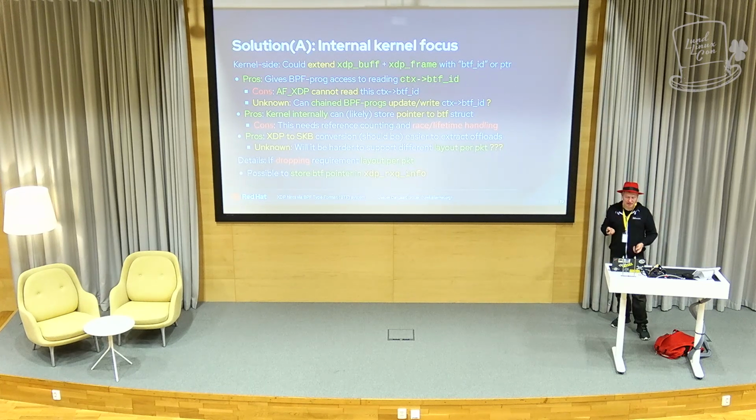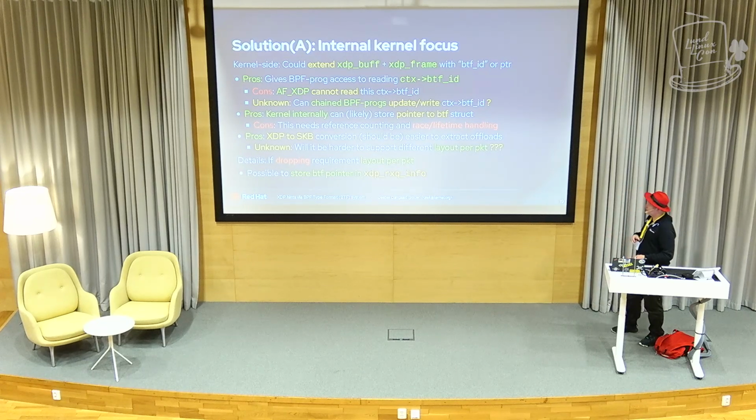Then we can extend it to have a context, so you can read the ID from the context object in BPF. The problem is that AF_XDP cannot read this, and it's also unknown what the semantics should be for chained programs when they want to update this BTF ID. So that use case with chained programs is undefined.